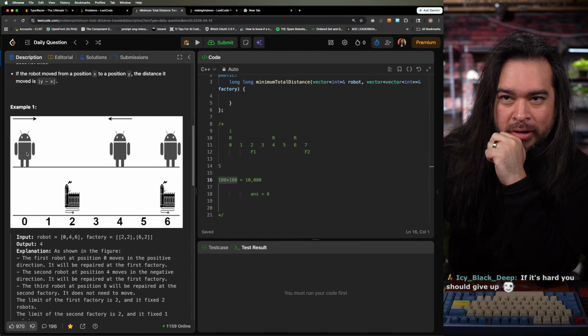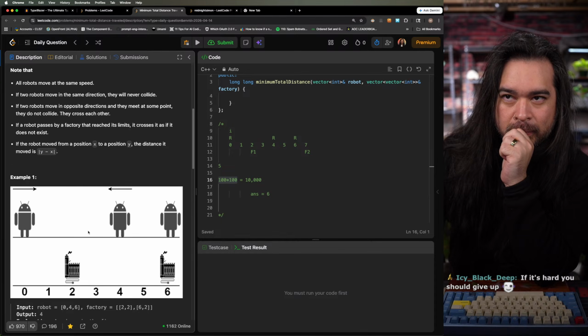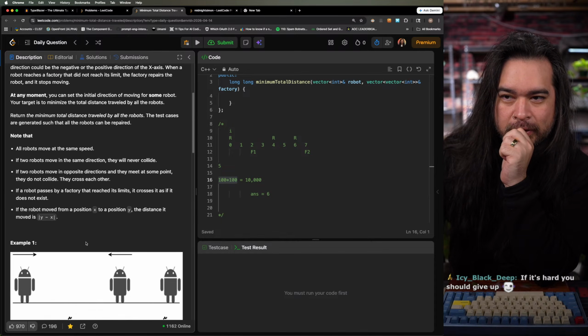So this robot could either go left or it could go right. If it went right, it goes to this factory. I don't know.